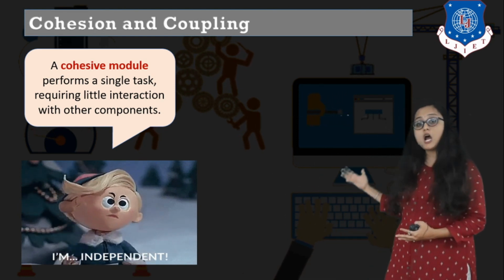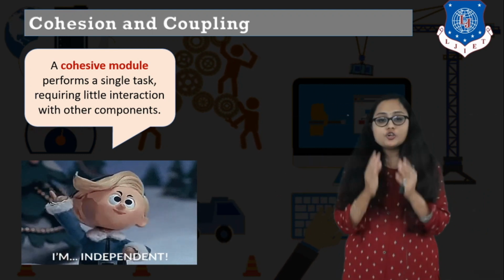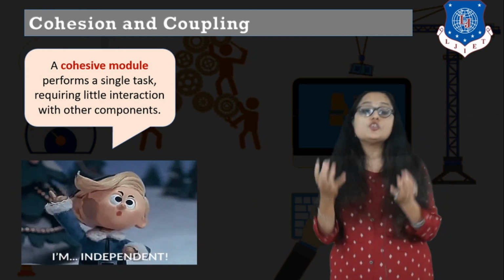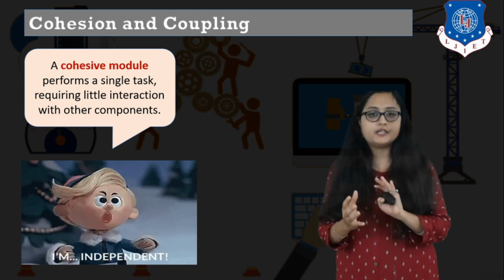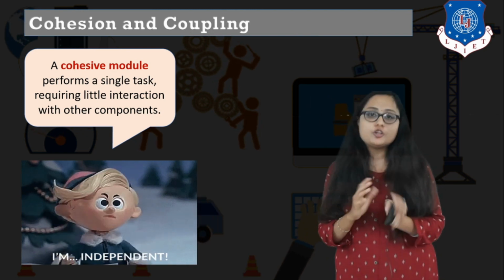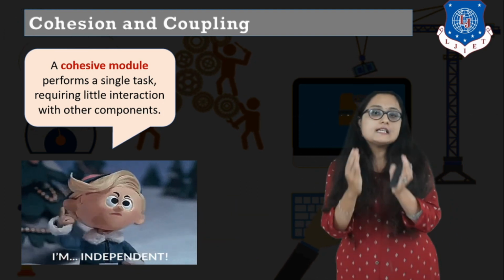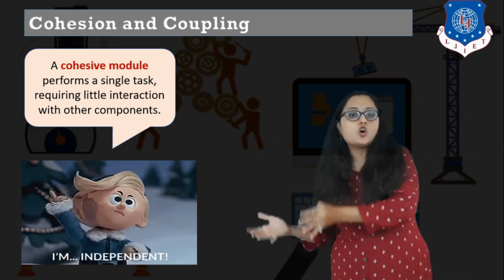Now if you are following cohesion, it means a particular module should perform a single task and all the components, or all the elements, of that particular module should be interrelated. They should be dependent on each other. Their aim should be performing a single task. But that module should not be dependent on another module.